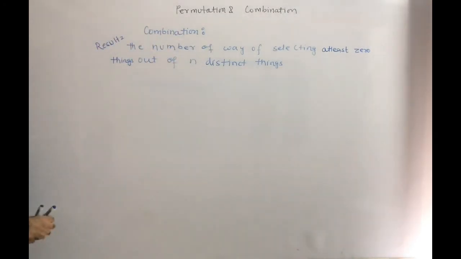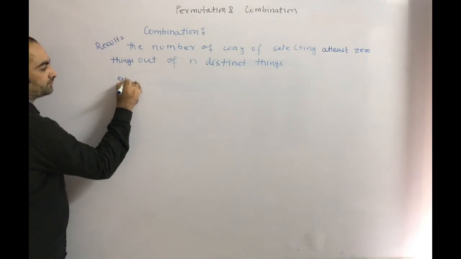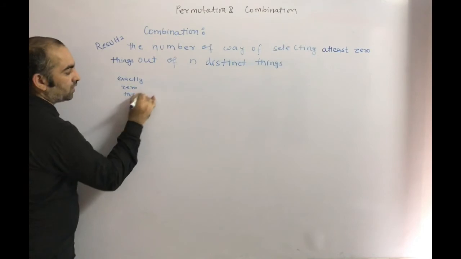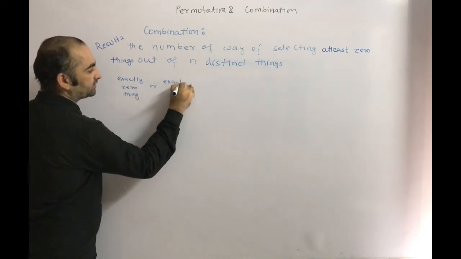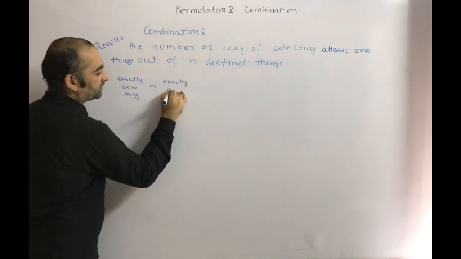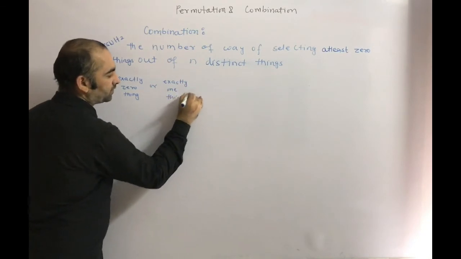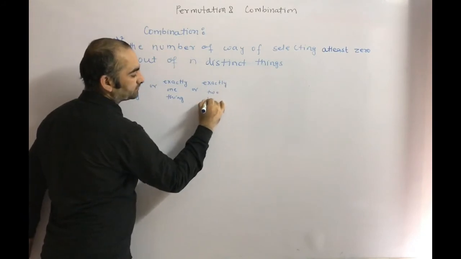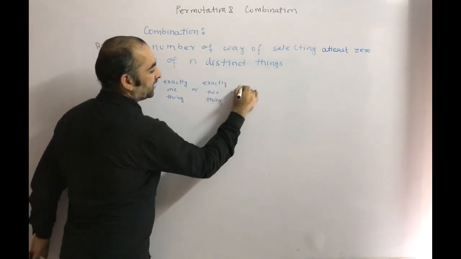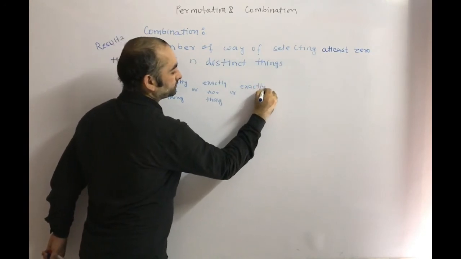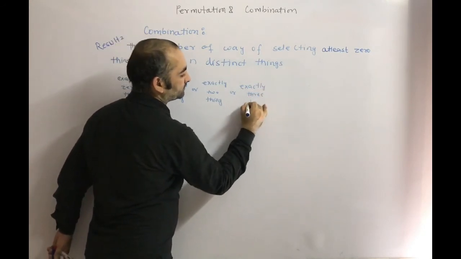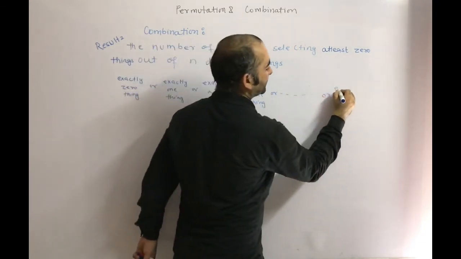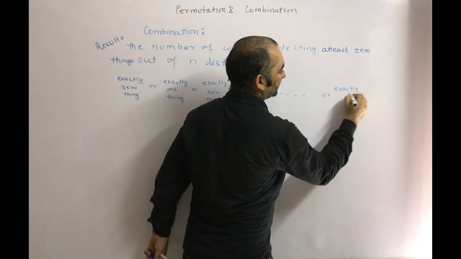So what we will do, we can select exactly 0 things, or exactly 1 thing, or exactly 2 things, or exactly 3 things, or the last is exactly n things.